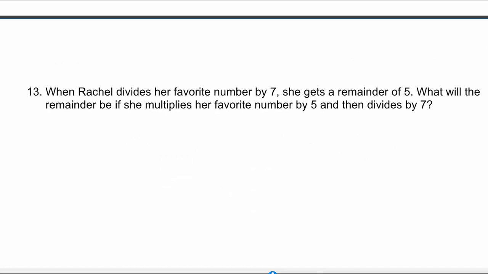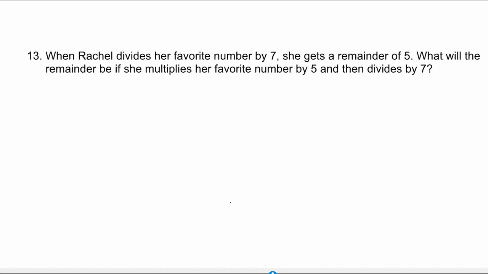All right, number 14. When Rachel divides her favorite number, n, by 7, the remainder is 5. 5 mod 7. So what will be the remainder if she multiplies her favorite number by 5?